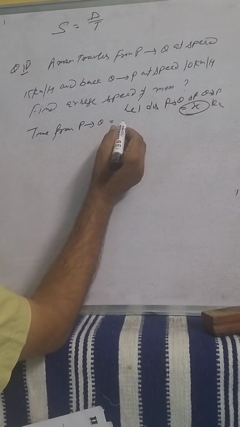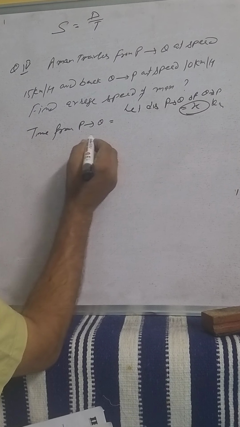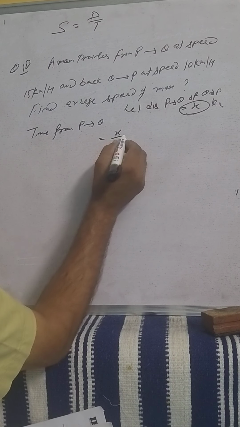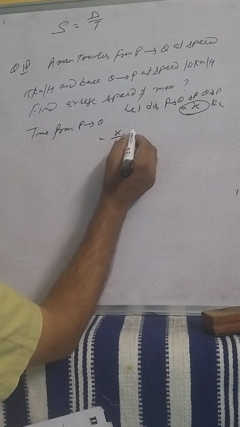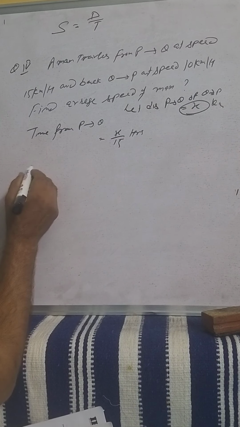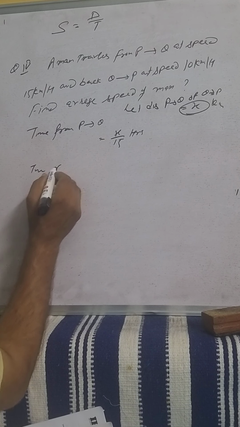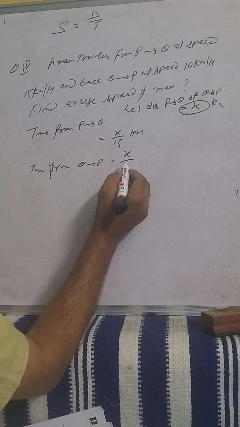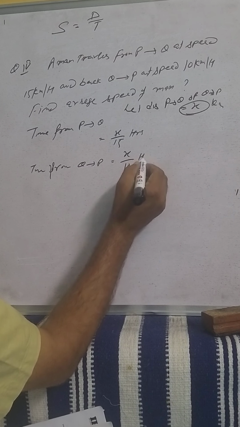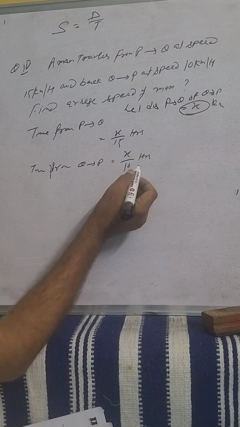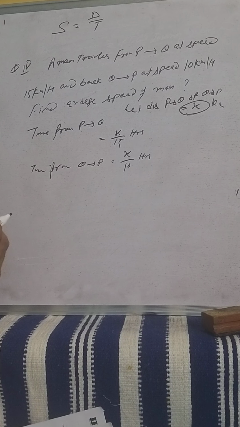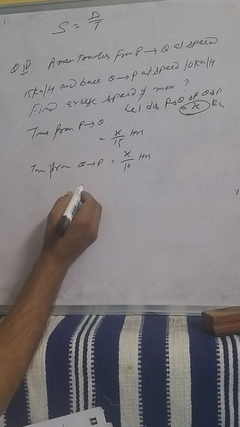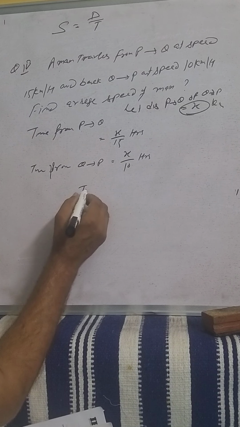Time is equal to distance over speed. Distance x, speed 15: this is the time taken from P to Q. Time taken from Q to P is the same distance over speed 10 km, the time taken for the back journey. Now we can solve for the total time.